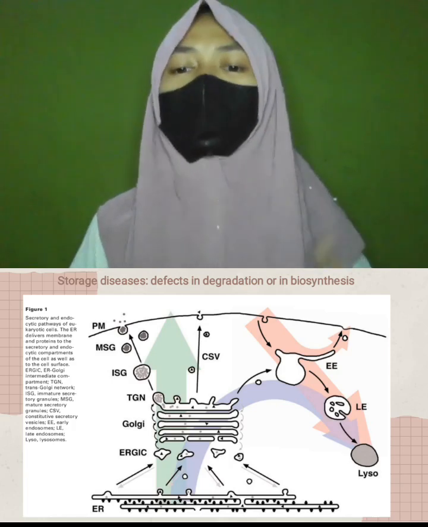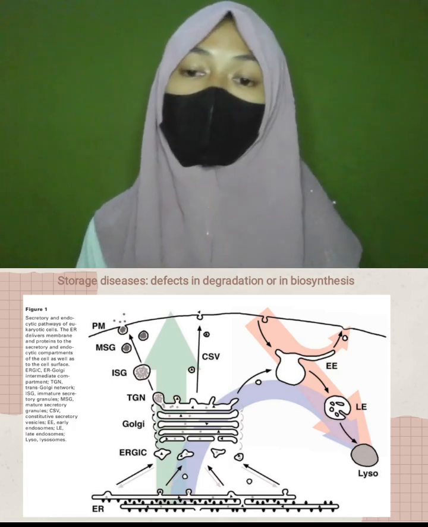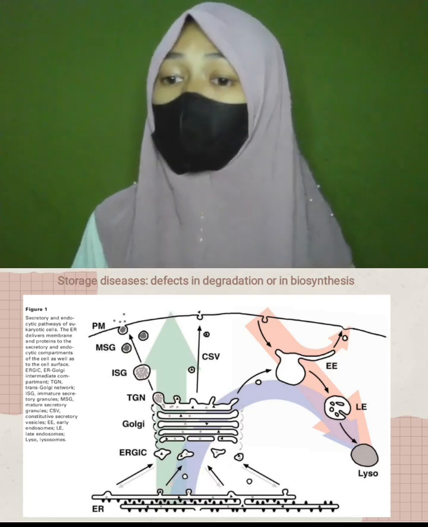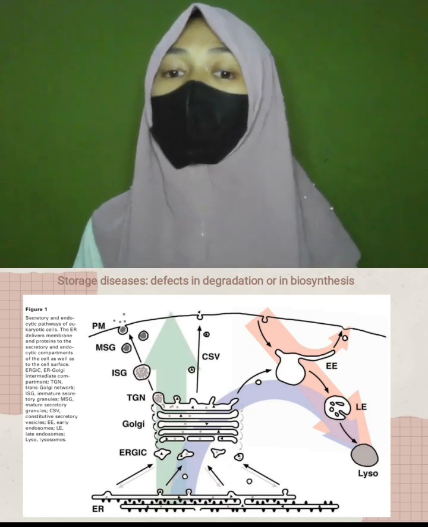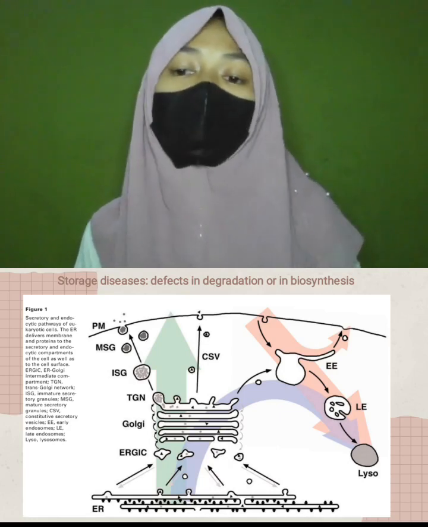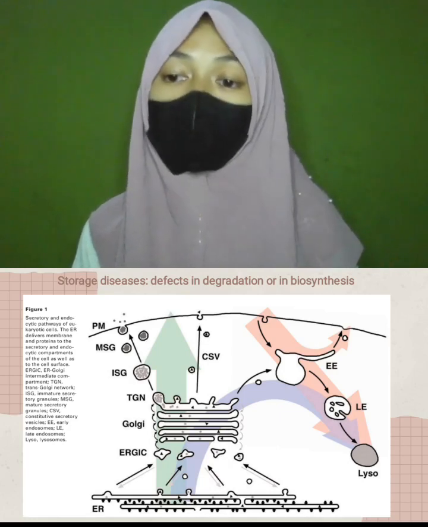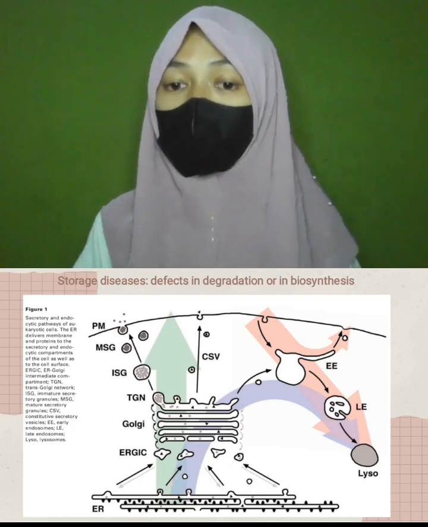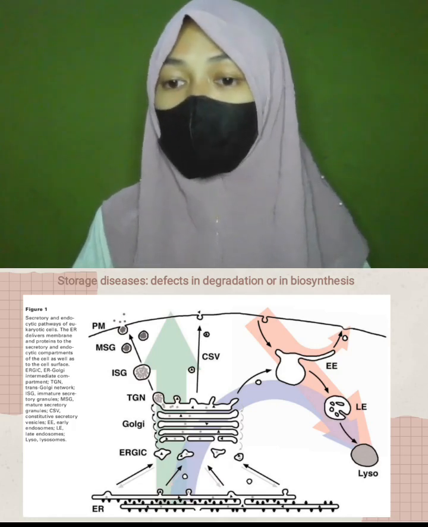Only few instances of impaired protein exit from the Golgi apparatus are known, and the term Golgi storage disease is not commonly used. One example is autosomal dominant nephrogenic diabetes insipidus.